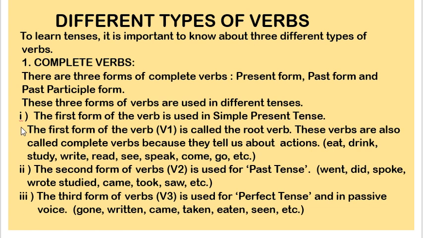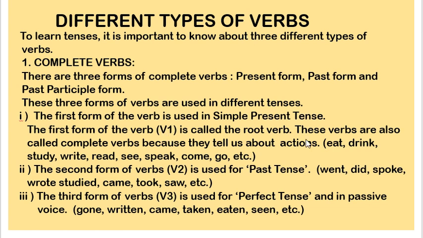Let's try to understand the first form of the verb, which is also called the root verb. Root verb is used in simple present tense. In tenses, you will come to know about the verb forms and how they are used in different types of tenses. Let us try to understand the first form of the verb, which we can also name as V1.